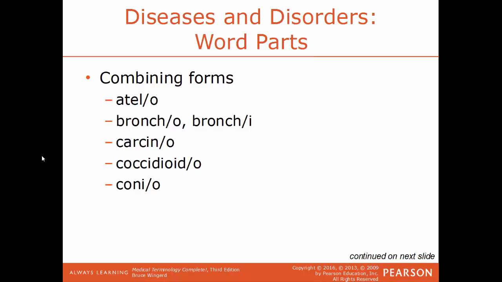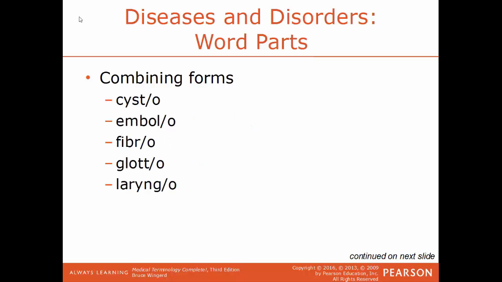Carcino is reference to cancer. A carcinogen is something that causes cancer. Coccidioid is a reference to a very particular type of fungal infection. Full version of this combining form you'll see when we get to the particular diseases. And last term on here, conio, is a reference to dust.